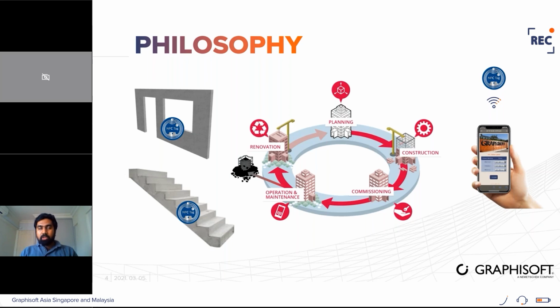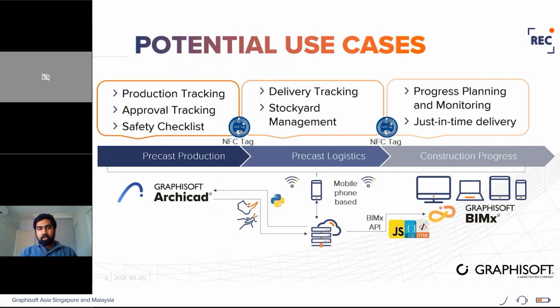It also performs other tasks like production tracking, delivery tracking, stockyard management, approval tracking, and with other IoT modules, it also helps to achieve just-in-time delivery. Since the system is cloud-based, we can see the statuses of the components and the construction in BIMx in real time using any device.